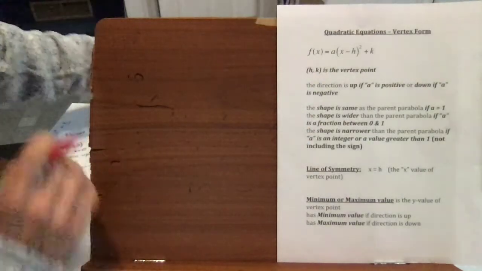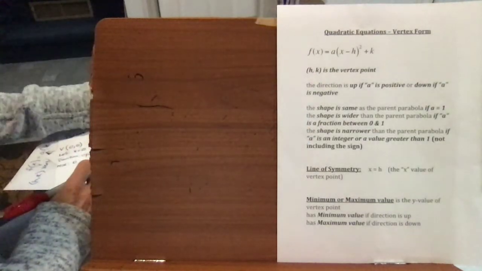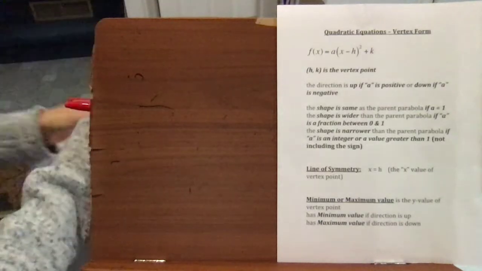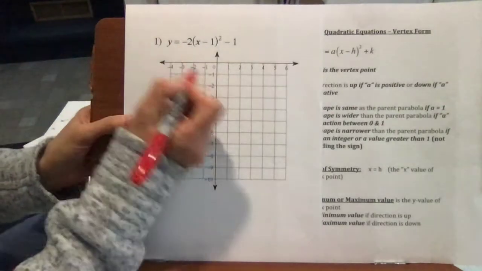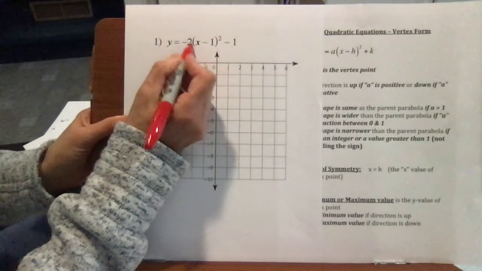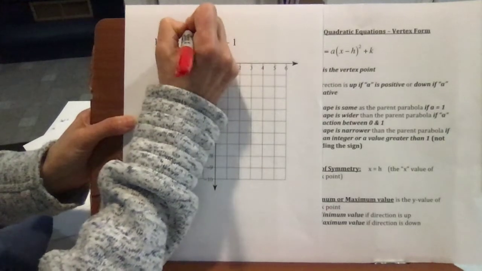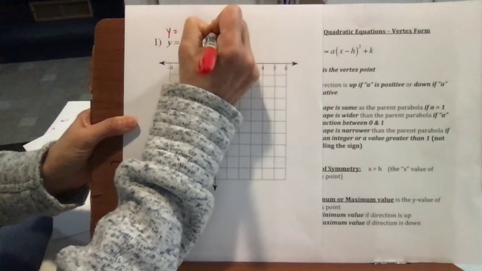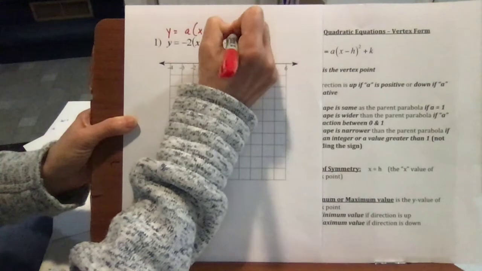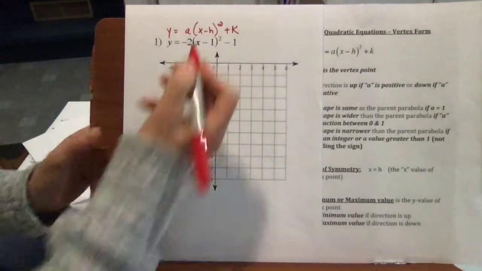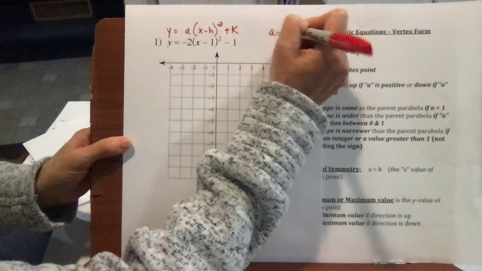Let's try another. Make it a little bit more challenging now. We have y equals -2 times the quantity x minus 1 squared, minus 1. Again, we're going to use our template for our vertex form right above it. Our a value is equal to -2.